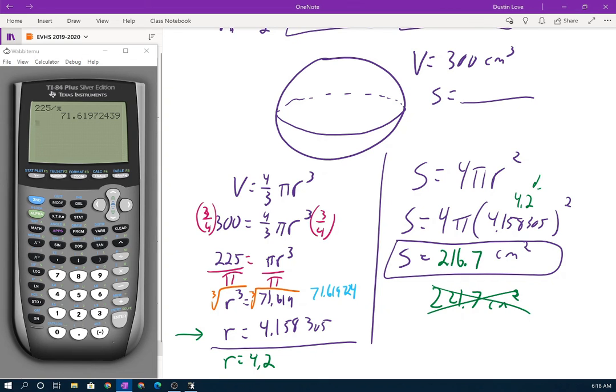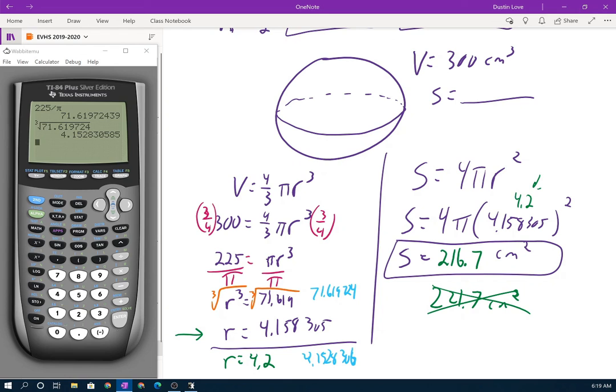Now we're going to take the cubed root of 71.619724, and that's going to give me close enough. My radius is 4.1528305. Well, I guess it should have been 306.